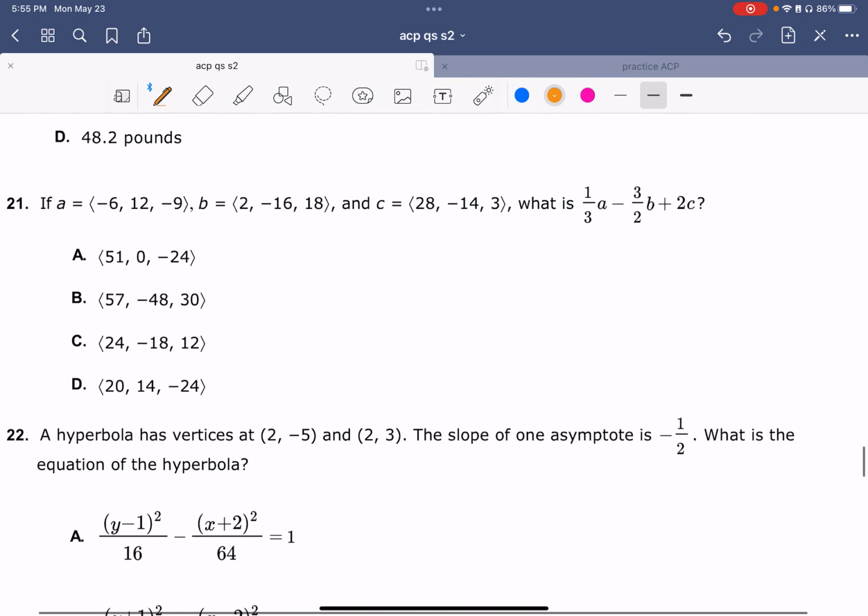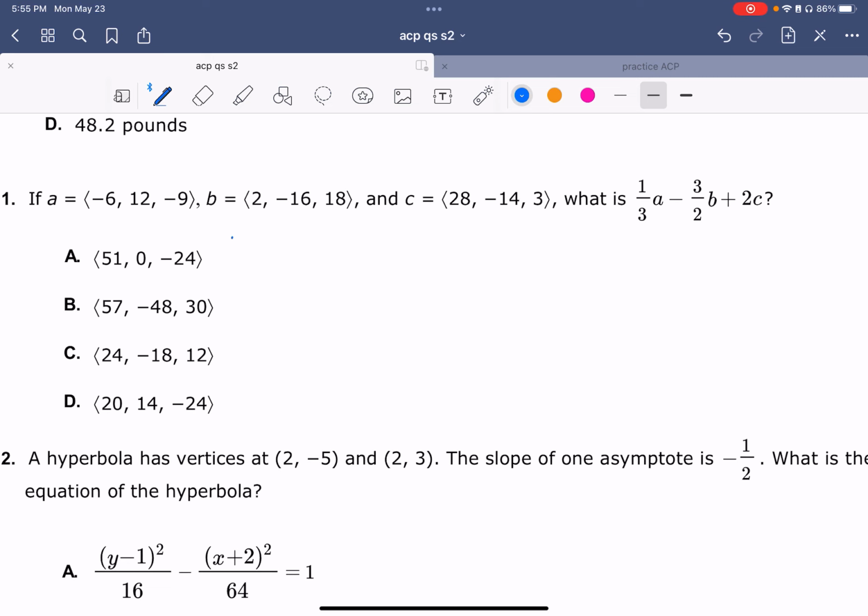Okay, number 21. If A is equal to that, B equals that, C equals that, what is 1/3 of A minus 3/2 of B plus 2 of C? Okay, so what you're going to do is just write the scalar on the outside, and then you're going to fill it in with the actual vector that it corresponds to.